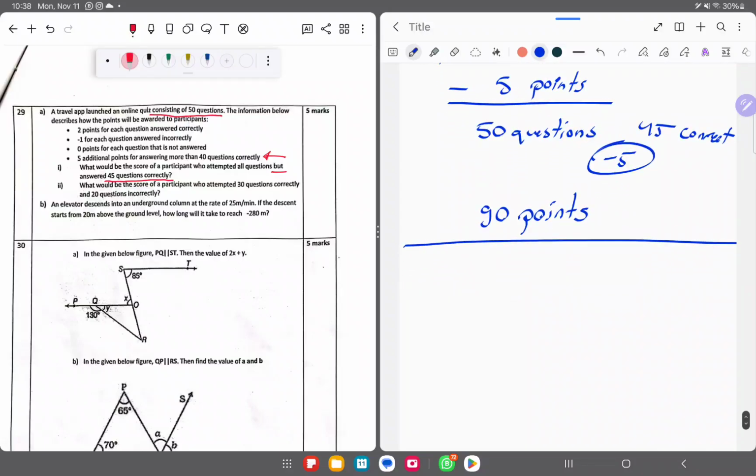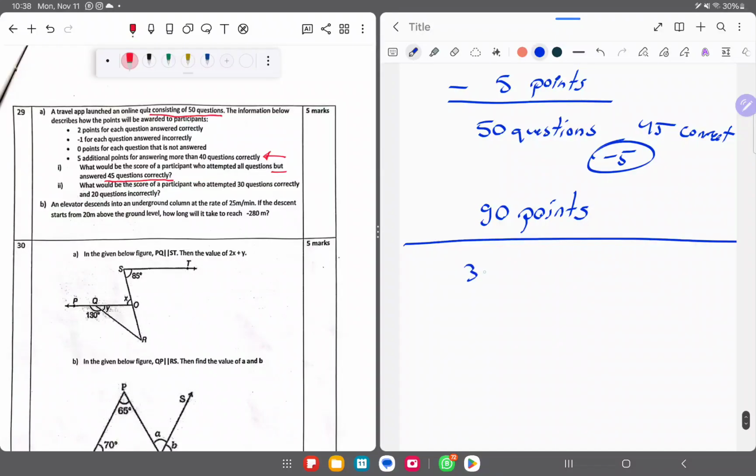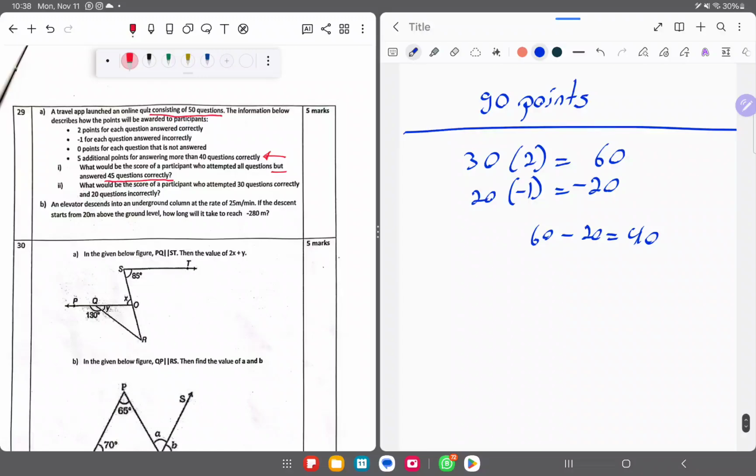So what would it be if we answered 30 questions correctly and 20 questions wrong? 30 questions correctly times 2 is 60, and 20 wrong, so this is minus 20, because he's getting a minus 1. So 60 minus 20, this is 40. The full score is 100 if you answered all questions correctly.